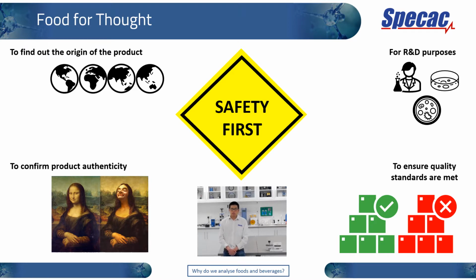And finally, we want to ensure the quality standards are met to ensure that there are no physical, biological, or chemical contamination in our foods and beverages, and that food contact standards are met during the manufacturing process.